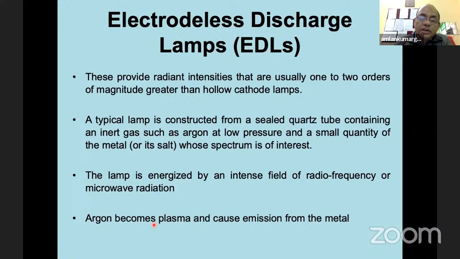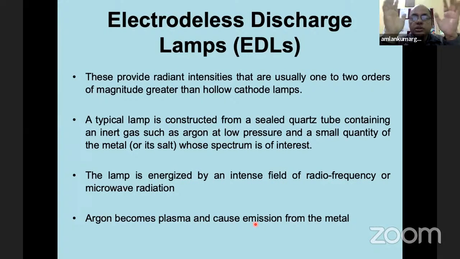So argon over here at this very high frequency becomes plasma, and it transfers that energy to iron, which can then become excited, and when it comes back to ground state, it gives out radiation which is specific to iron. Okay, so there is a difference over here between the hollow cathode lamp and the electrodeless discharge lamp.